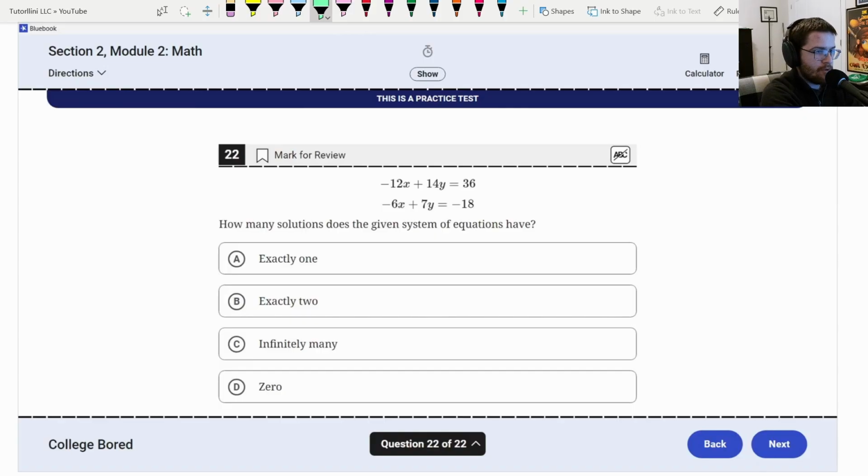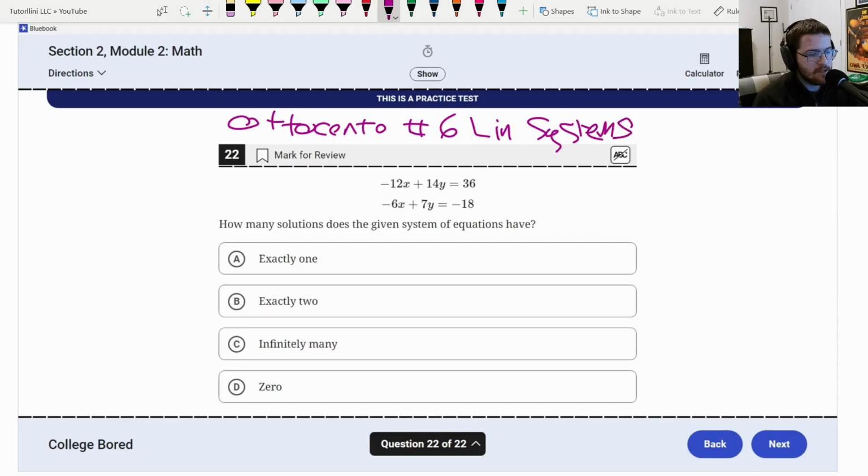Okay, question 22. I definitely think you need to watch my Ottocento number 6 on linear systems. I go over exactly how to do this in tremendous detail, and there's a free worksheet you can do to practice. So I'm just going to assume you've watched that. Just like in the video, I'm going to set up a proportion.